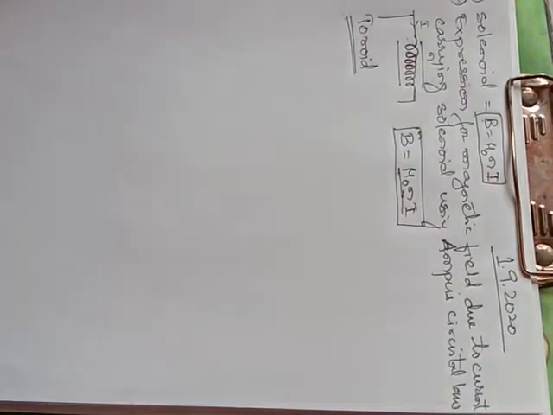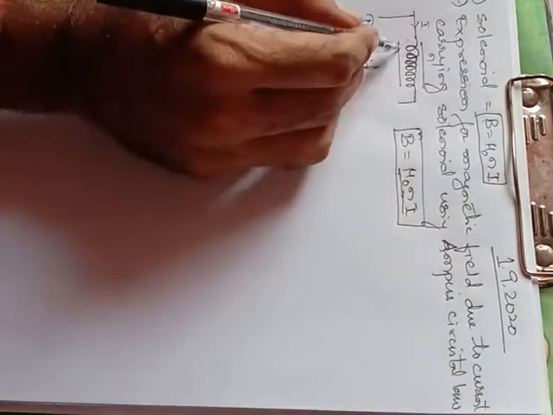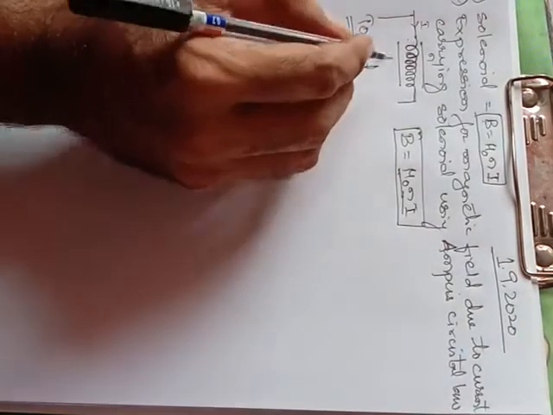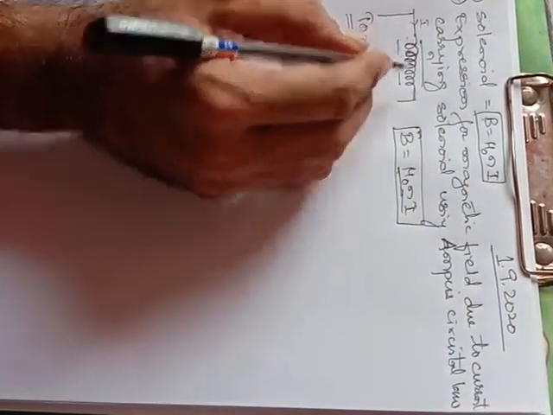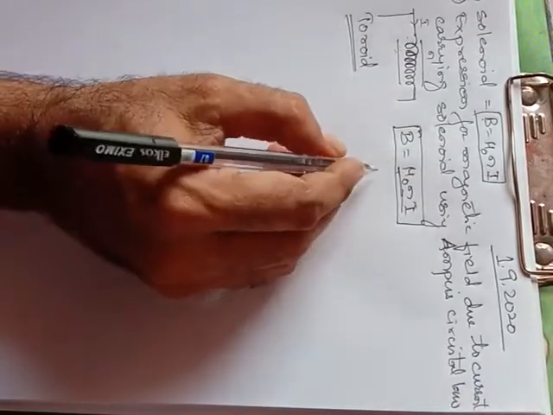Toroid is nothing but the same solenoid, but the solenoid is bent in the form of a circular ring.